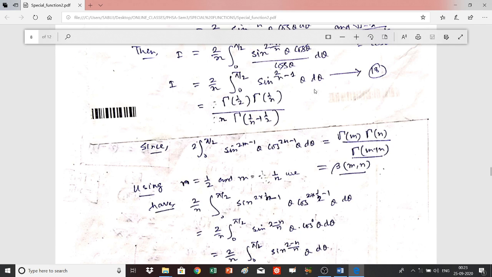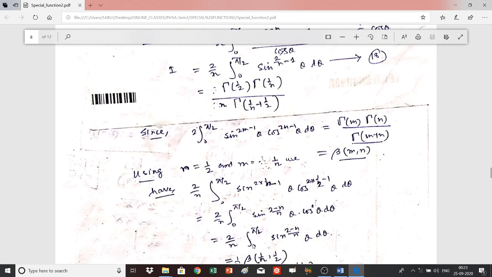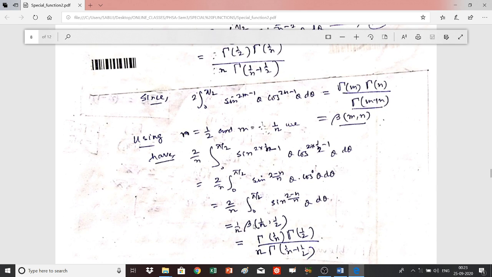Since there is no cos term, it is multiplied by 1, and that can be written as cos to the 2 into half minus 1 theta d theta. So this expression and this expression are the same, so that is actually beta of 1 by n and half.